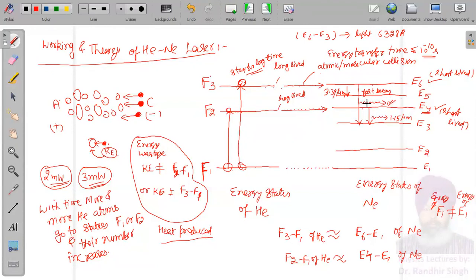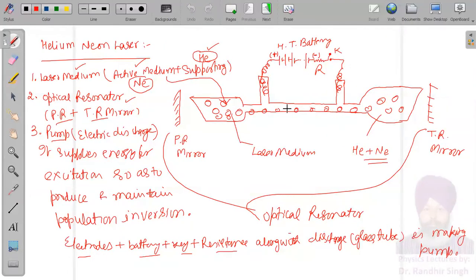If this photon is now traveling within the discharge tube, it will collide with another molecule of neon and start producing more. So this photon is traveling like this, and it collides with the neon molecule. Then this neon molecule will decay because of stimulated emission, and the number of photons will become 2. 2 will then become 4.